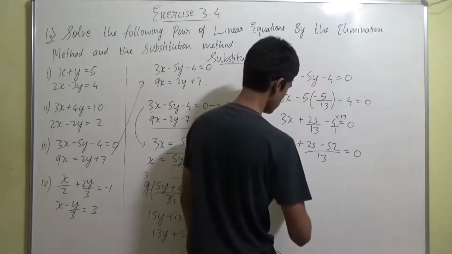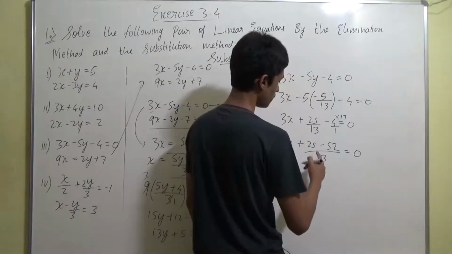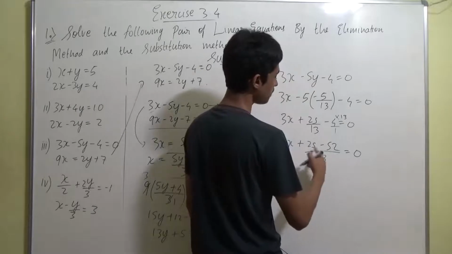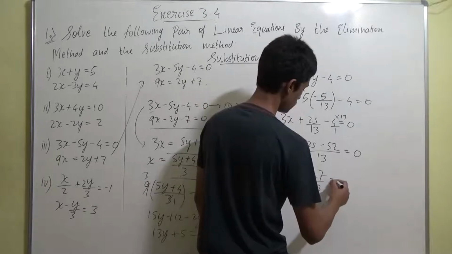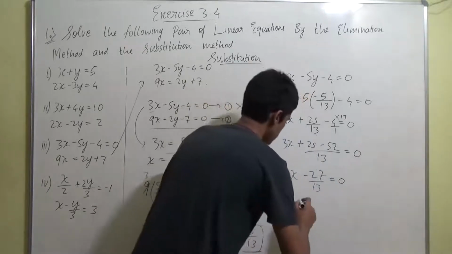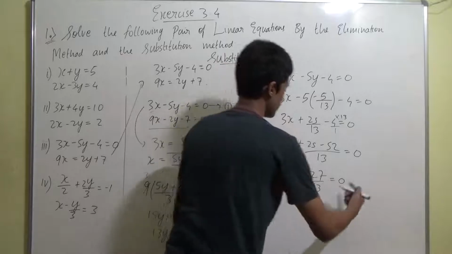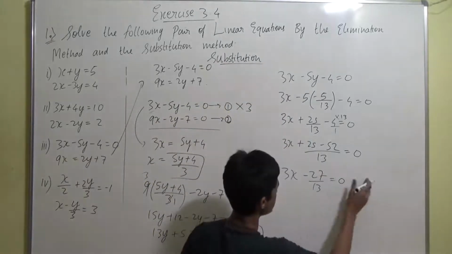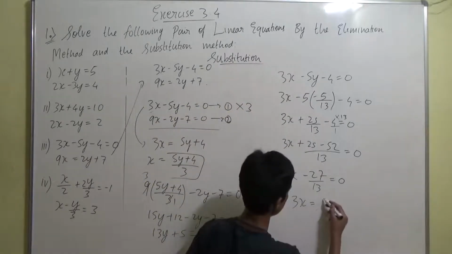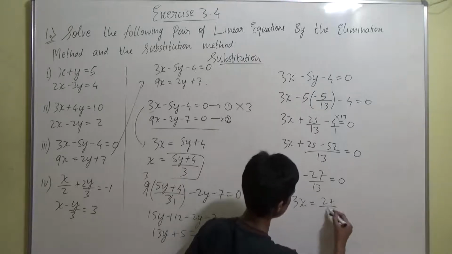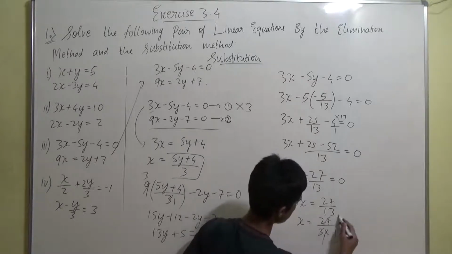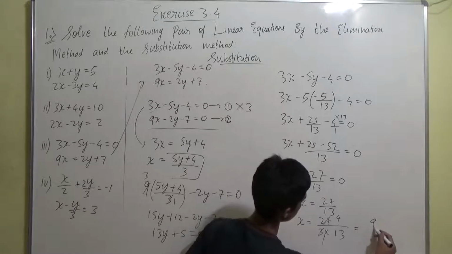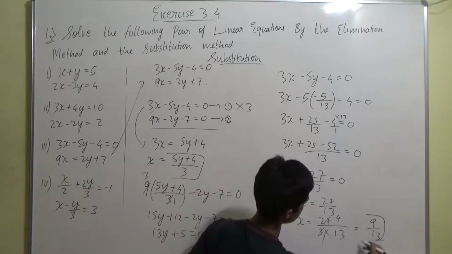So 3x plus, it will become minus 27 by 13 equal to 0, which means we'll take this constant term other side. It will become 3x equal to 27 by 13. So x will become equal to 27 by 3 into 13. 3 1s are 3, 3 9s are 27. It will become equal to 9 by 13. The value of x we got as 9 by 13.